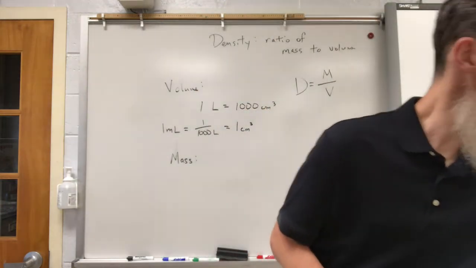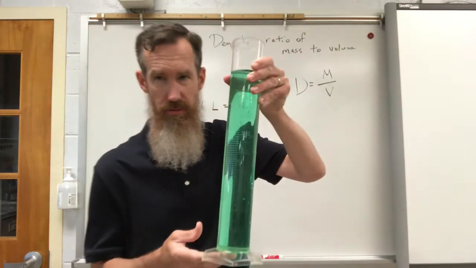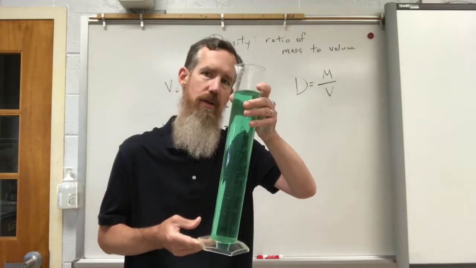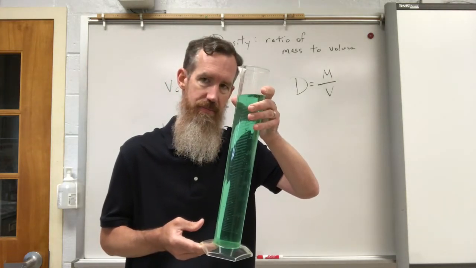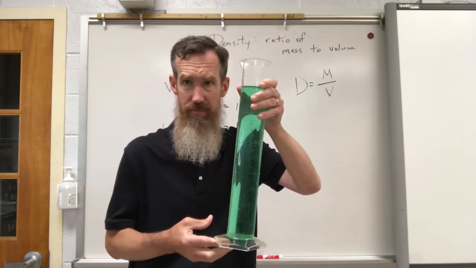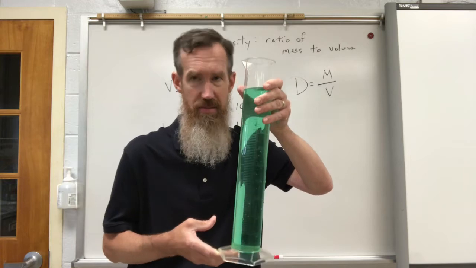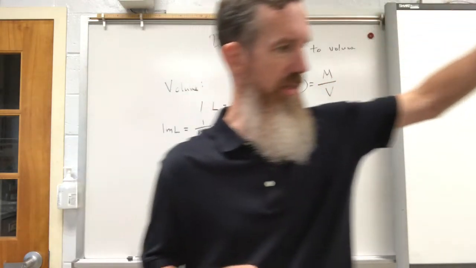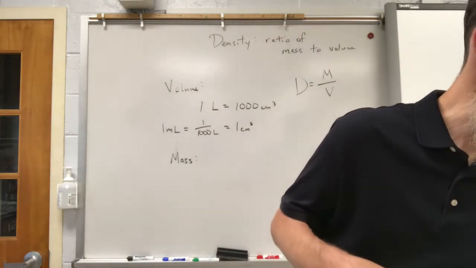A liter of water defined a kilogram of mass. So water was the standard for mass in the beginning. And things have changed since then, but in history, that's what happened.